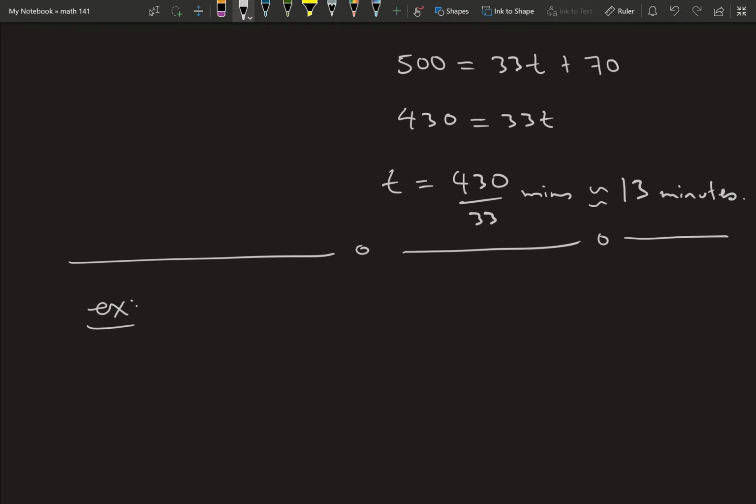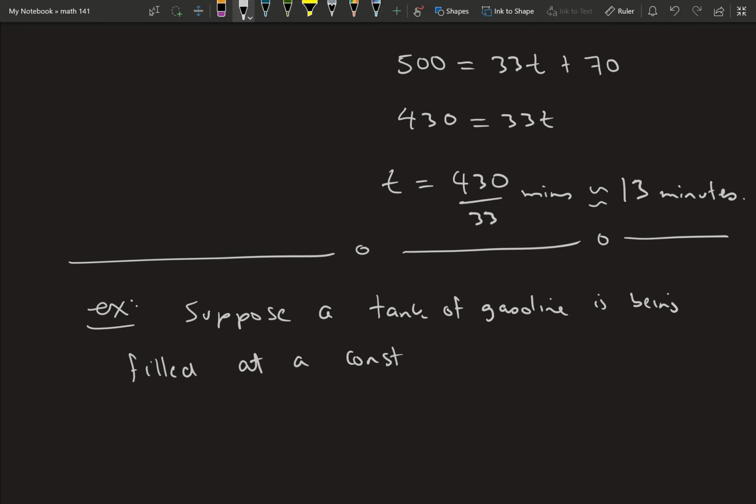In this case, we're going to give the rate of change. So suppose a tank of gasoline is being filled at a constant rate of, say, 2 gallons per minute.